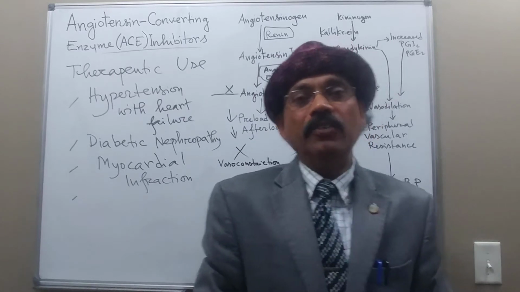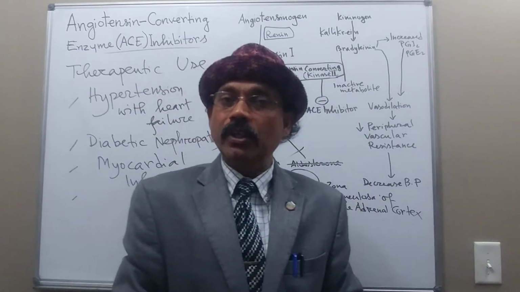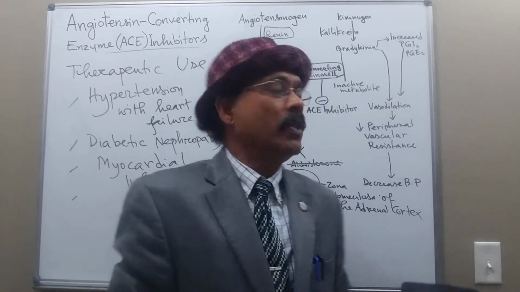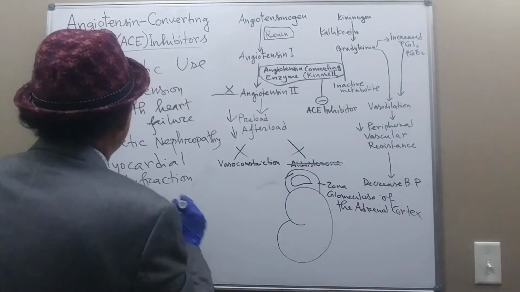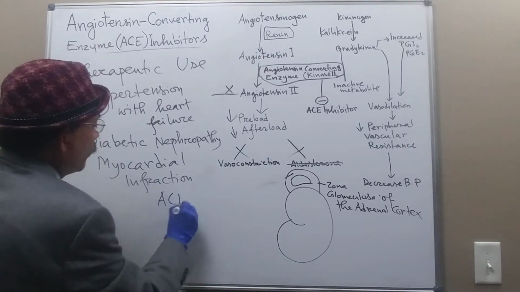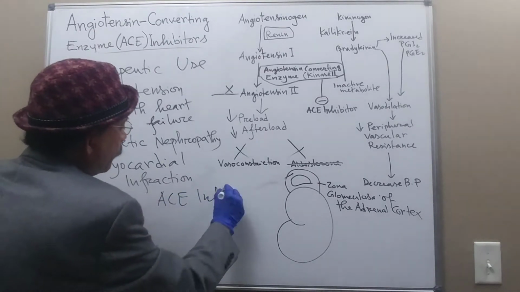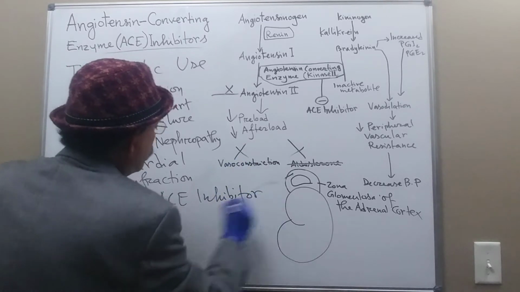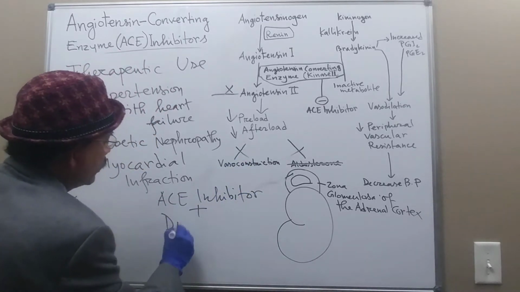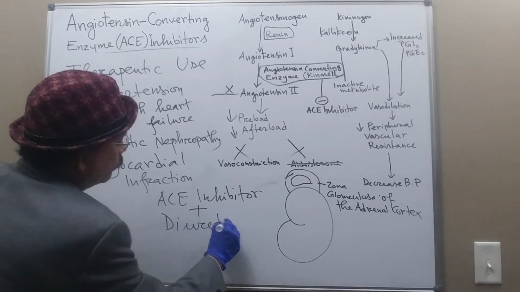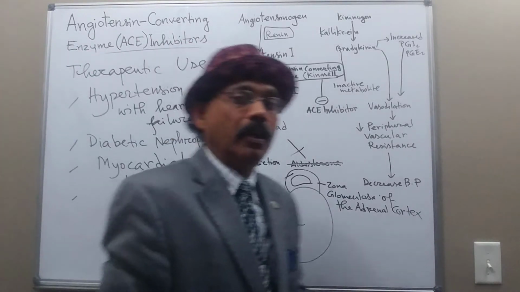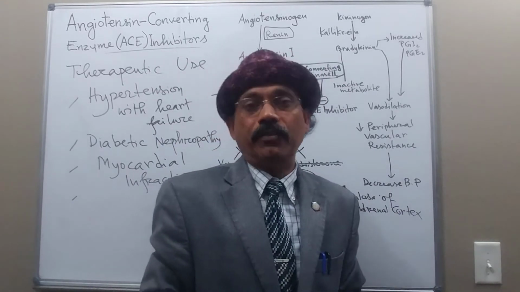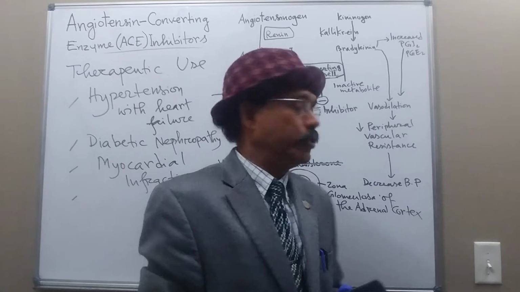Beta blockers and ACE inhibitors are good drugs for comparatively young white patients. But if we add a diuretic to the ACE inhibitor, then it will be more effective in the African American or black population.